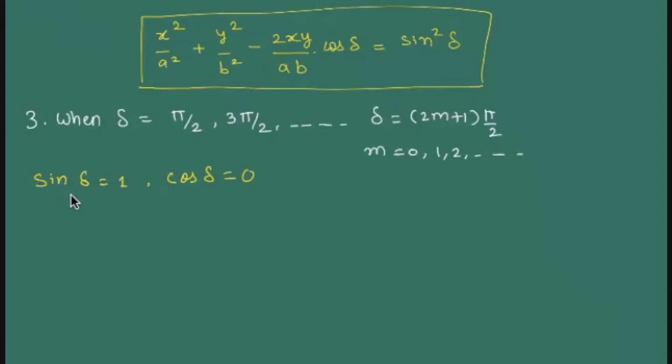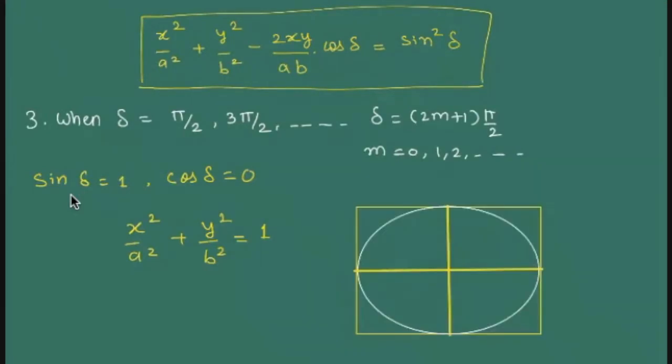So our new equation becomes x square by a square plus y square by b square equals 1, which is essentially the equation of an ellipse. Its height will be b, and this side will be a. This was our x, this was our y.